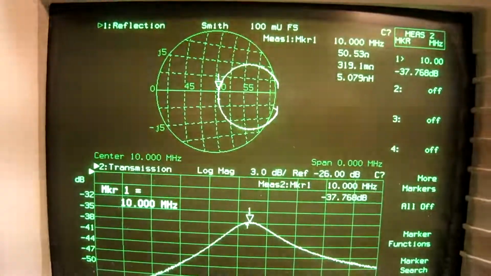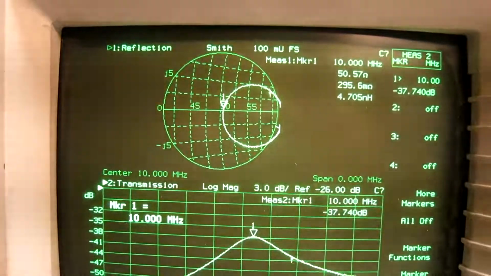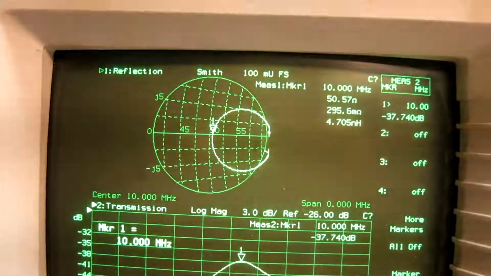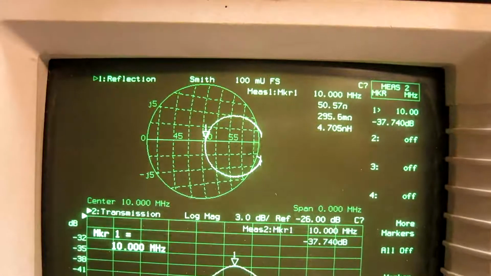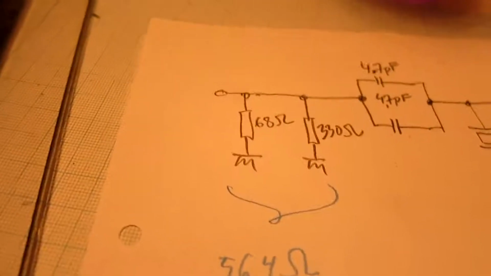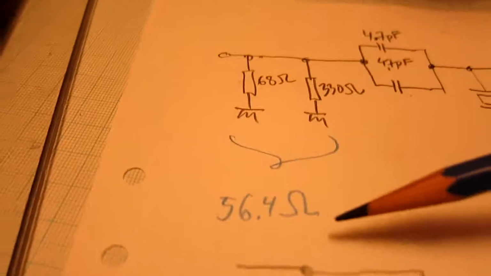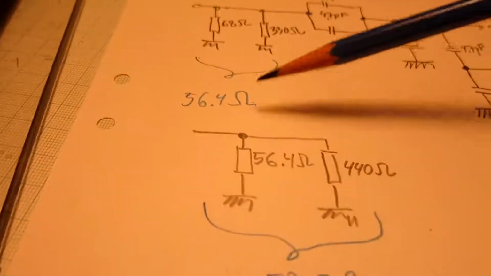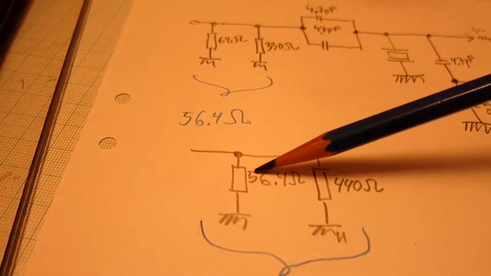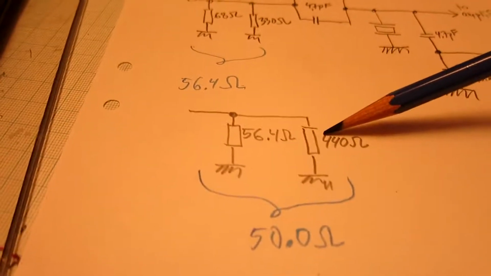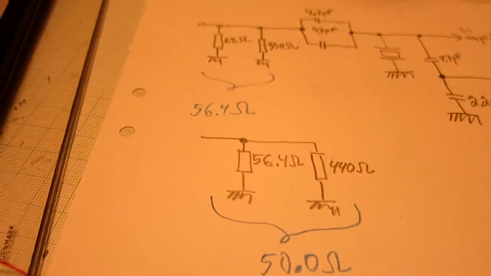And the impedance in the feed point input for this filter is 50 ohms with an accuracy that is as good as I can do with this instrument. The resistors form together 56.4 ohms, and 56.4 in parallel with 440 becomes 50 ohms.